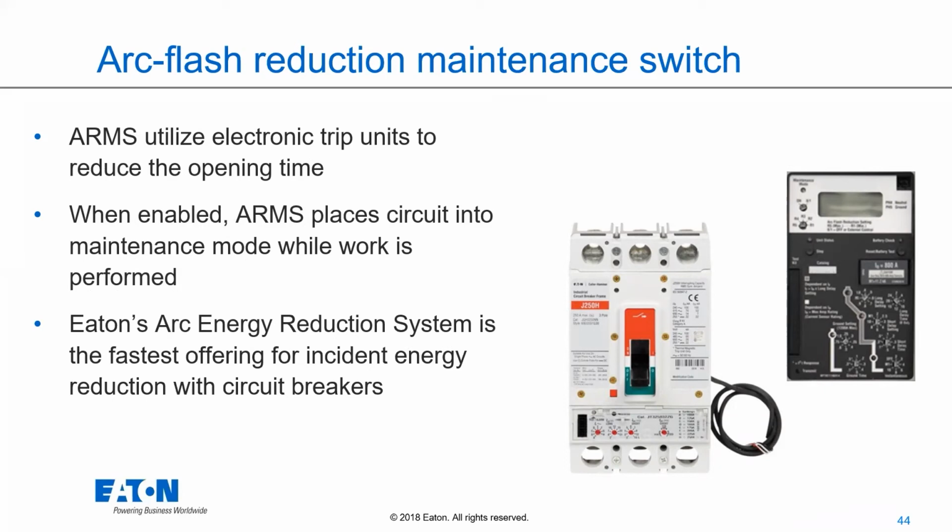So we have this very fancy electronic trip unit here. And what we'll be able to say is, hey, I'm doing maintenance. So as soon as you, electronic trip unit, see something going on that it shouldn't be, know that I'm in maintenance and I've got a person to protect, and open as fast as you possibly can. Override whatever other controls you have, right?